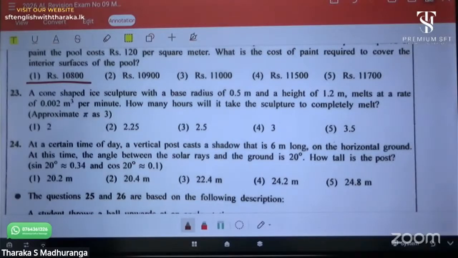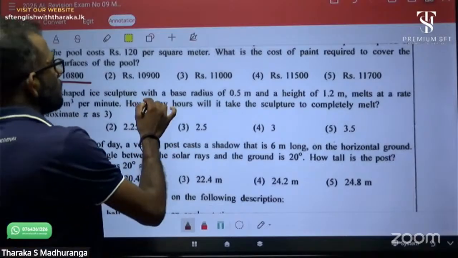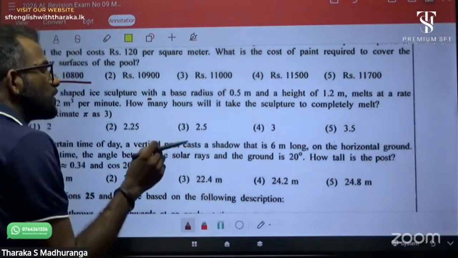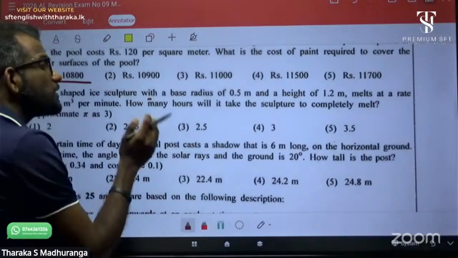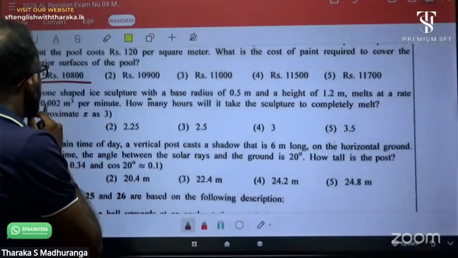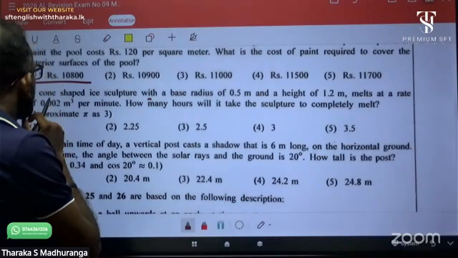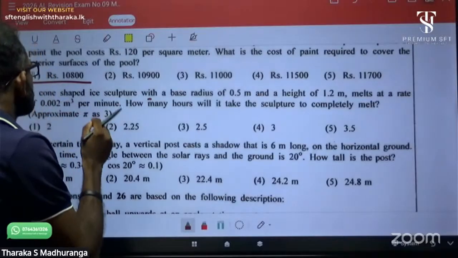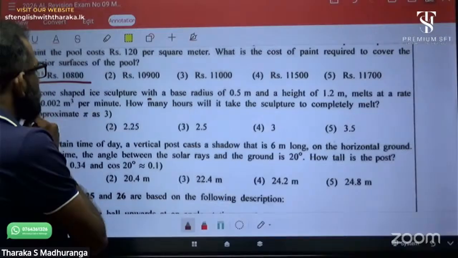A cone shaped ice with a base radius 0.5 meter and height 1.2 meter melts at a rate of 0.002 cubic meter per minute.